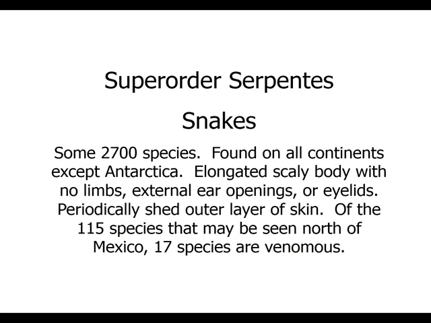They don't have external ear openings. They don't have eyelids. They also have a jaw that can disarticulate, and that allows them to swallow large prey whole. There are over 100 species found in the United States, of which 17 species are venomous, and I like to encourage people to remember that.